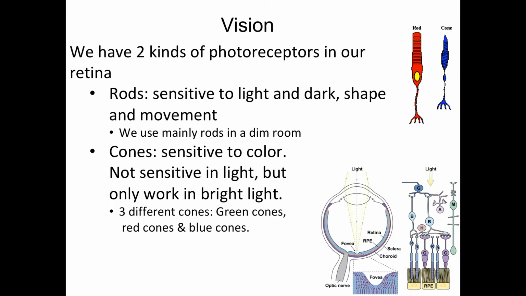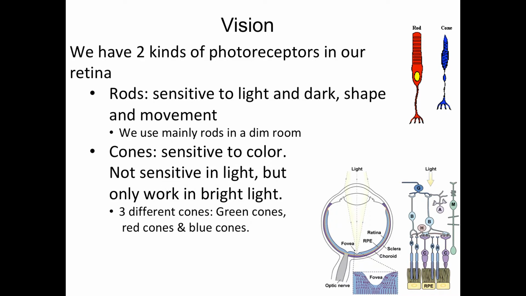Cones are better able to transduce bright light, and they are used for daytime vision. If you split the cones further, you have three types of cones. Each cone type is maximally responsive to a different set of wavelengths. We have one for red, blue, and green, and they mediate color vision.